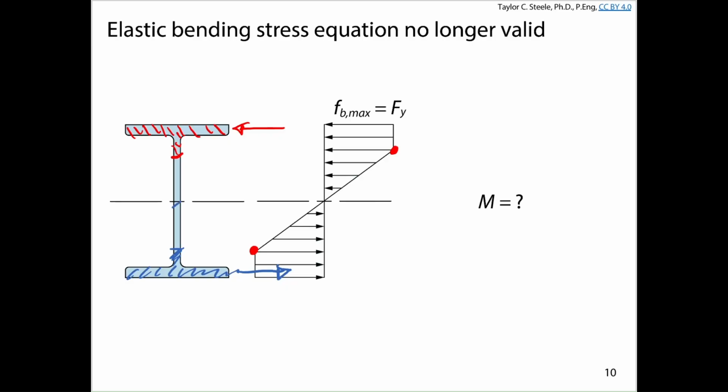And then we've got a little bit of tension here still, but it's in the linear range, but we could still, for that rectangle, figure out where the center of the force is, figure out a tensile force, and say for the same thing in compression, a little bit of compression here, a force in that web that comes from that linear distribution of stress. And from equilibrium, we could figure out what the moment on the beam at that moment in time to cause that stress distribution might be.